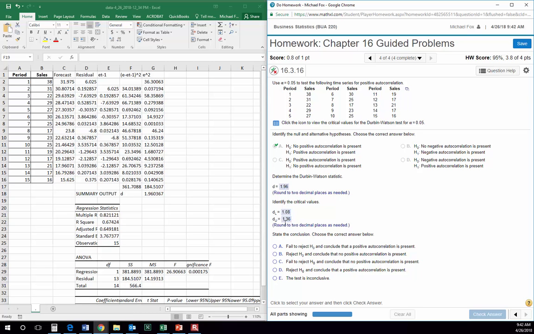If it's between the two, then we say it's an inconclusive test. And if it's above the upper, which is our case here, because ours is 1.96 and the upper is 1.36, then we fail to reject our null hypothesis, and we conclude that there is no positive autocorrelation present.